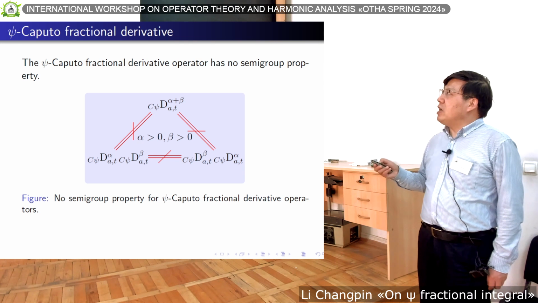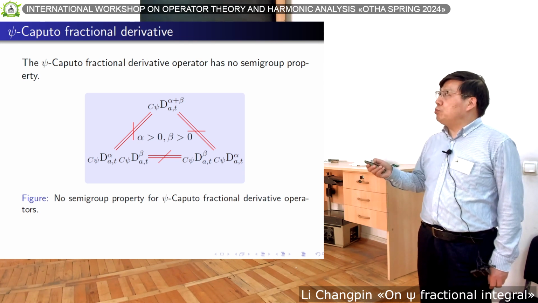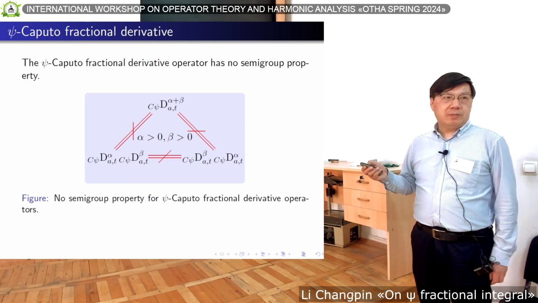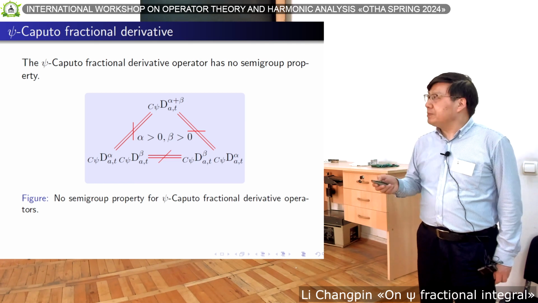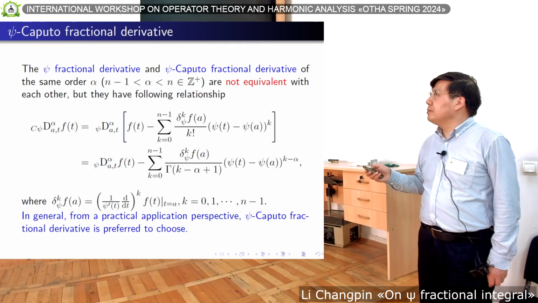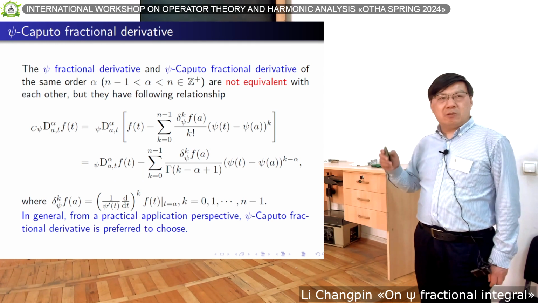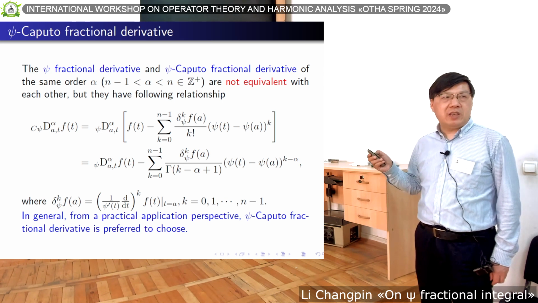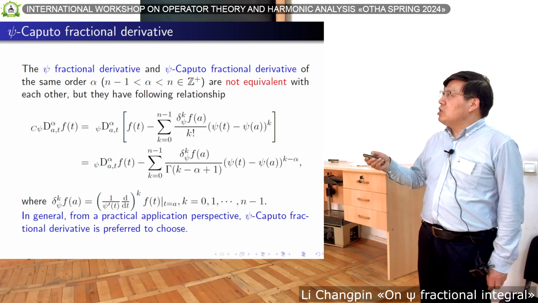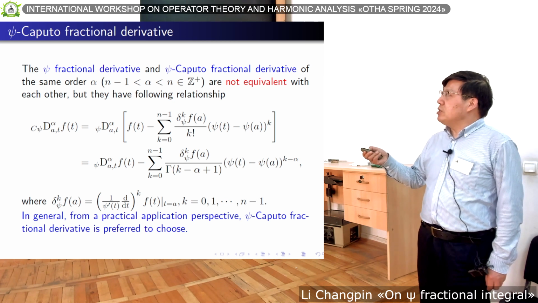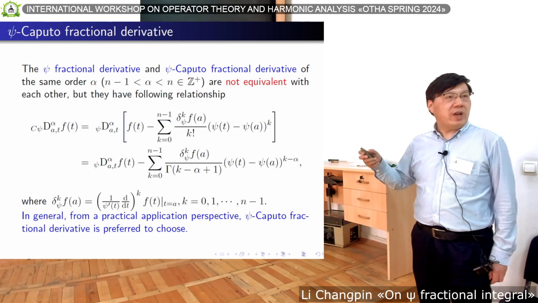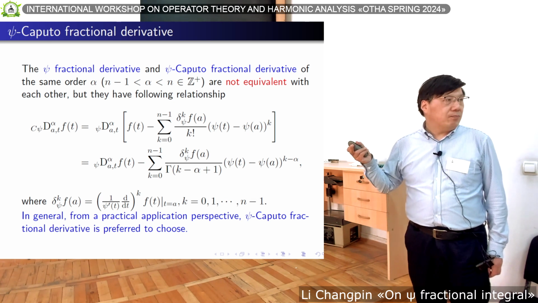This kind of derivative operator has no semigroup property either. So these two kinds of derivatives are not equivalent with each other, but they have the following relation. Here, they are just expansions in the sense of psi.